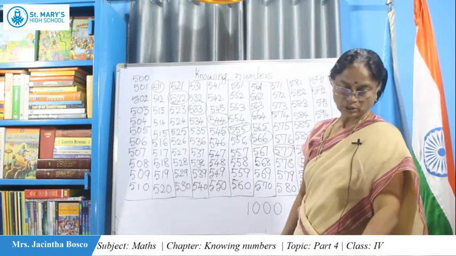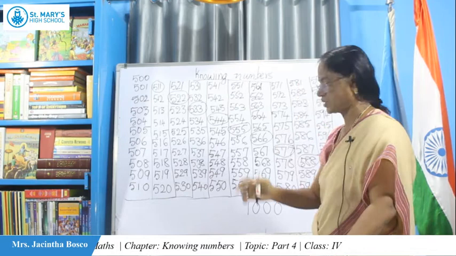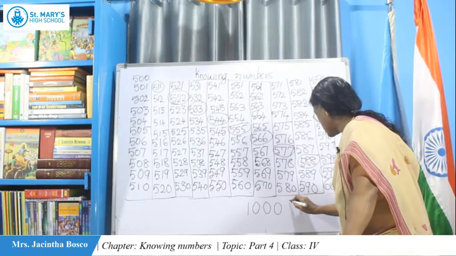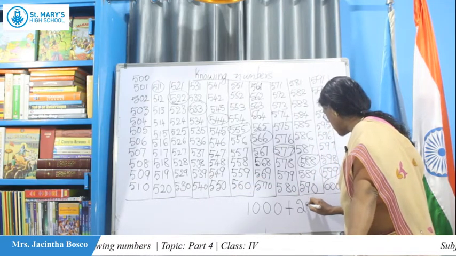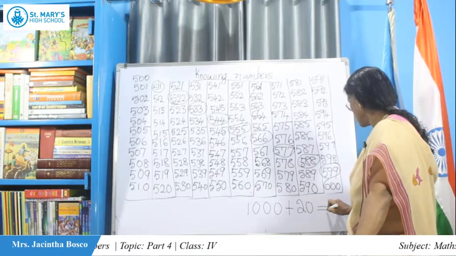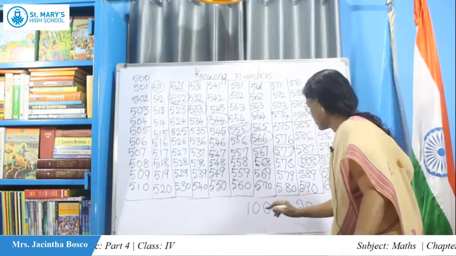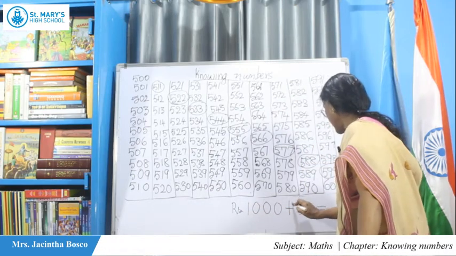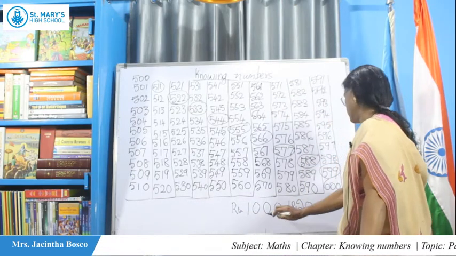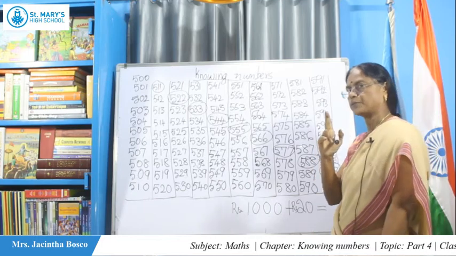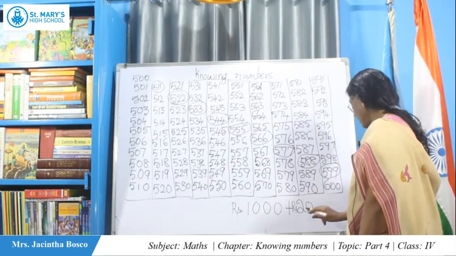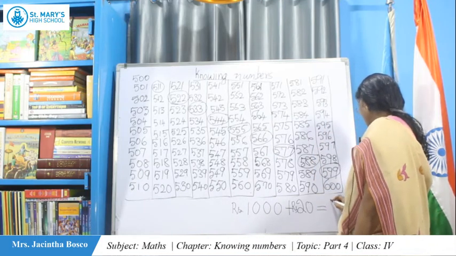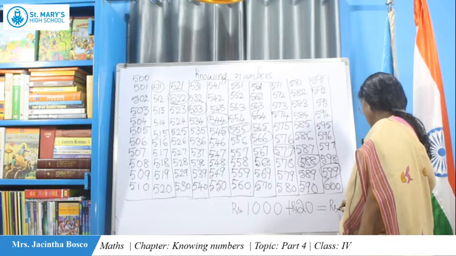So now 2 10 rupees plus 1000. 2 into 10 is 20. Okay, 20. So how much do you get totally?